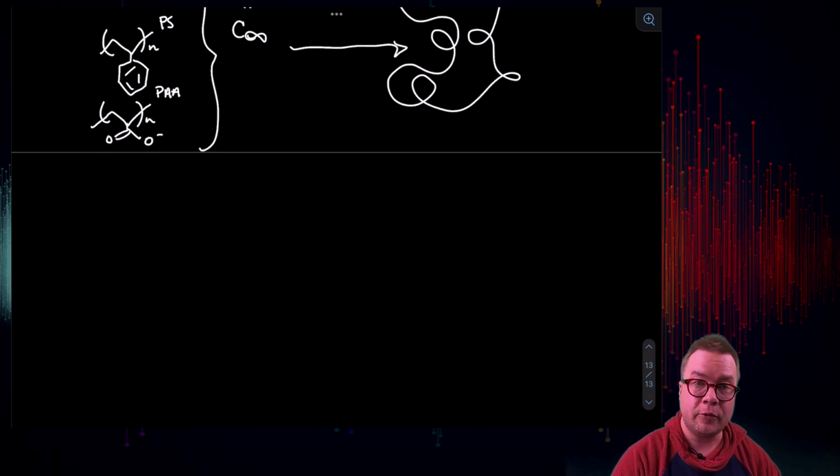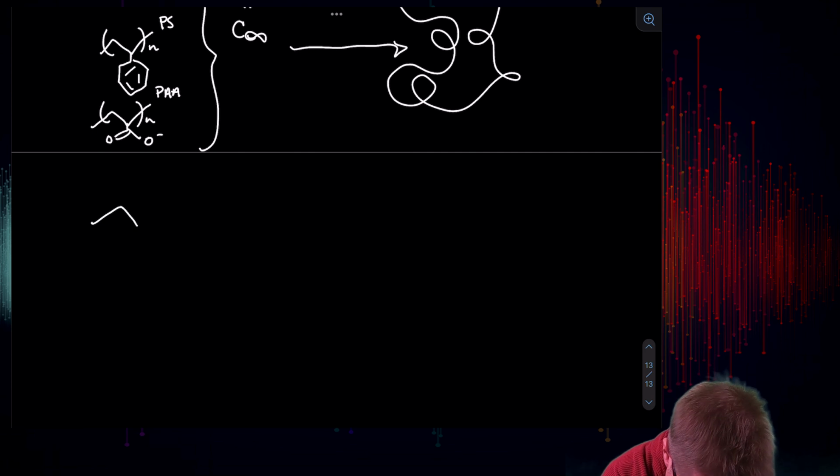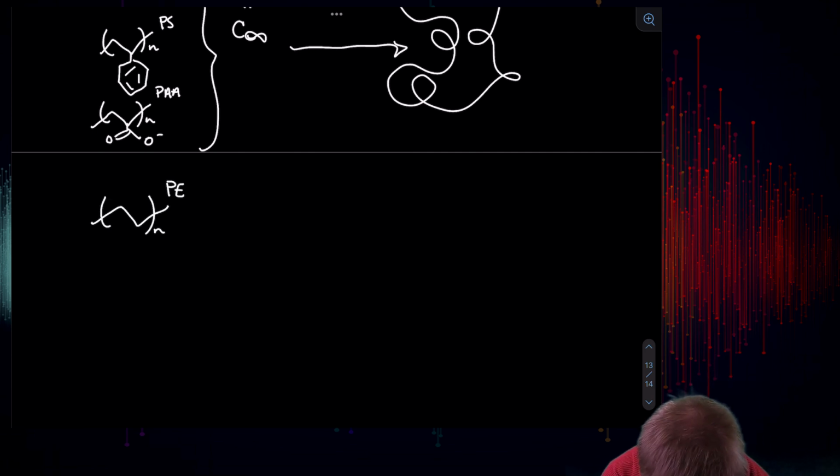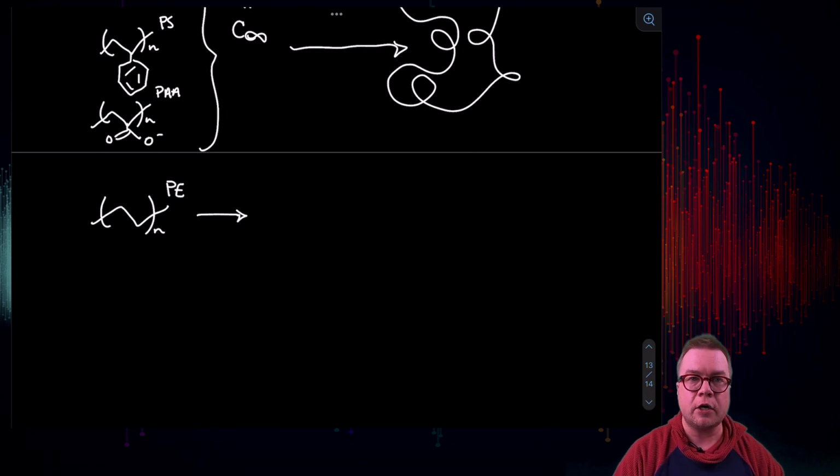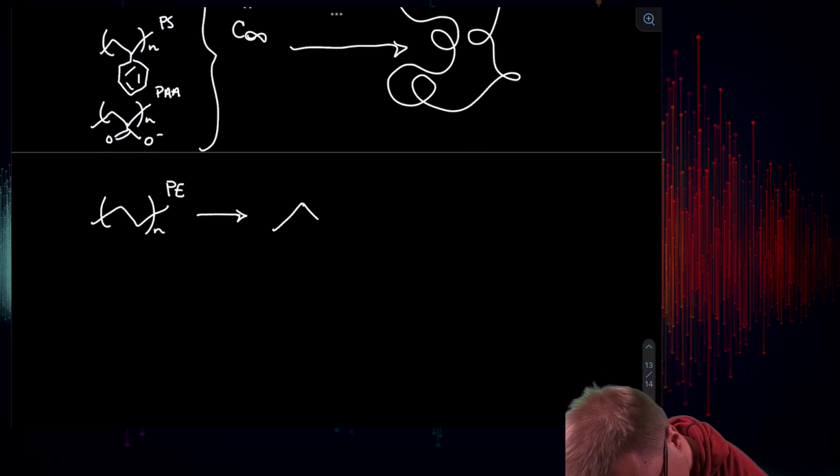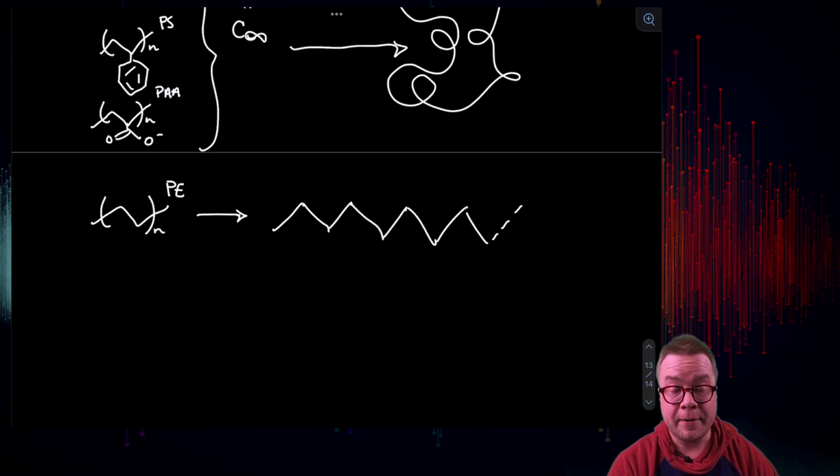Let me do an example with polyethylene. So we have polyethylene like this. And we stretch it all the way out and calculate R max. So we stretch it out like this, and so on, right?